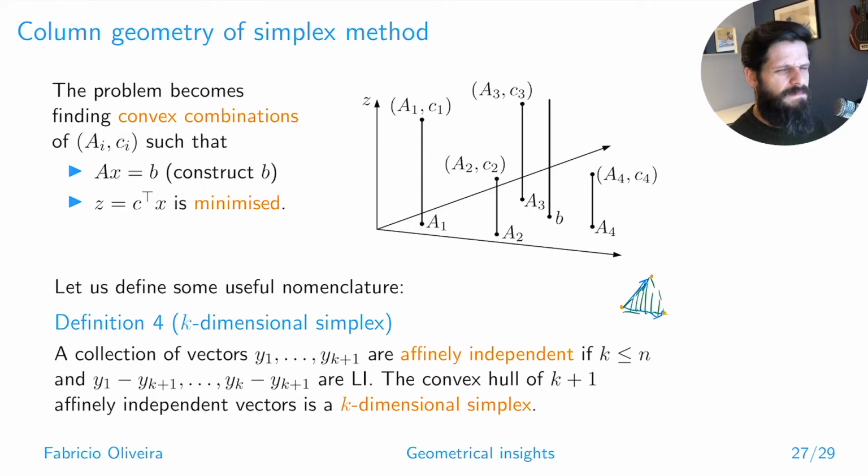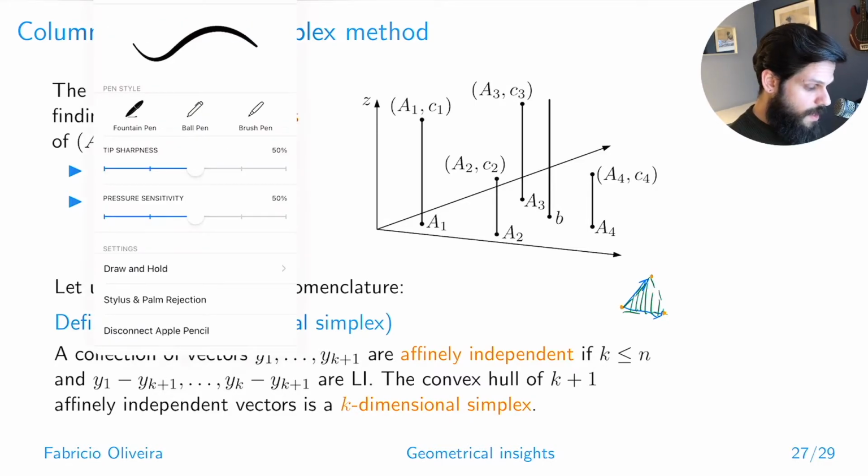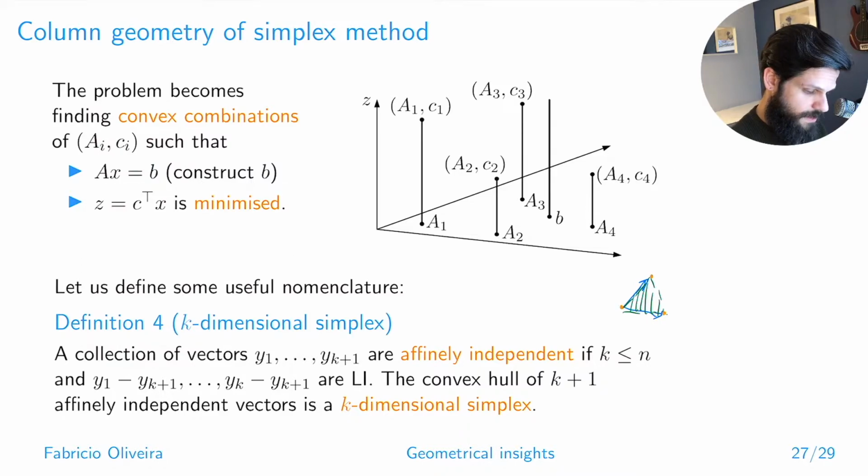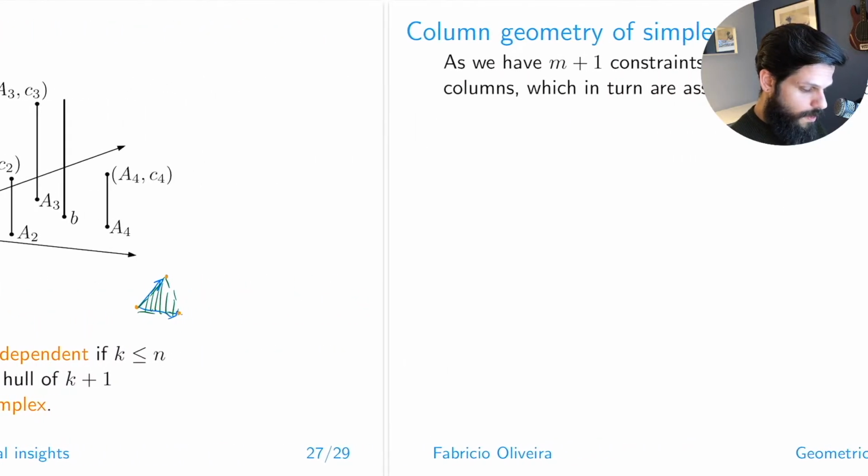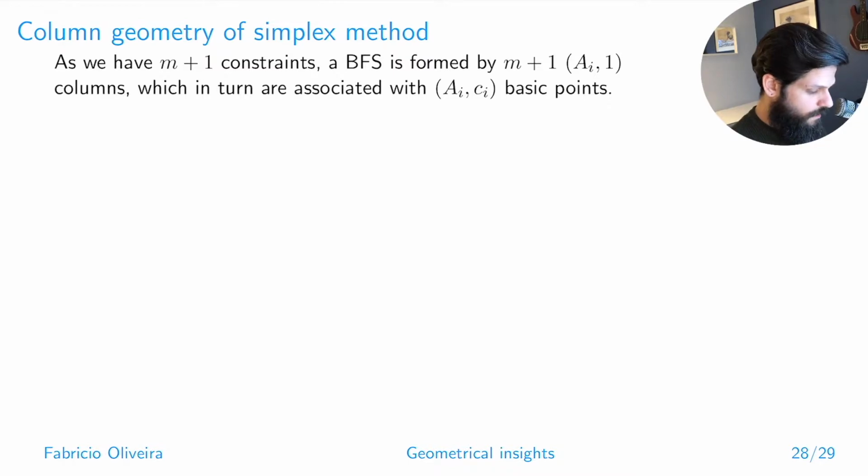And you can think of a simplex, the name comes from because it refers to the simplest structure you can form in terms of number of vertices, right? And that's exactly what gives the name of the method, the simplex method, because in that problem we have m plus 1 constraints, our original m constraints, plus the 1 associated with the c's.